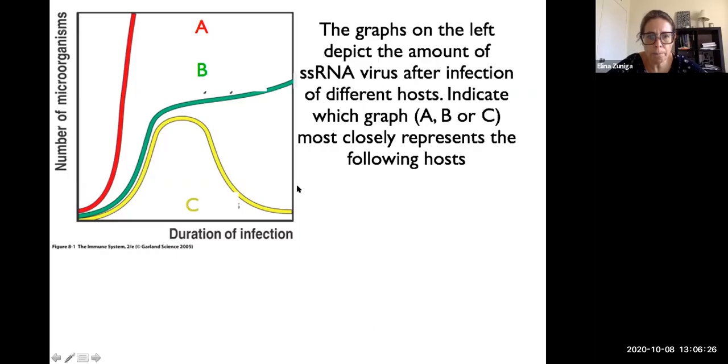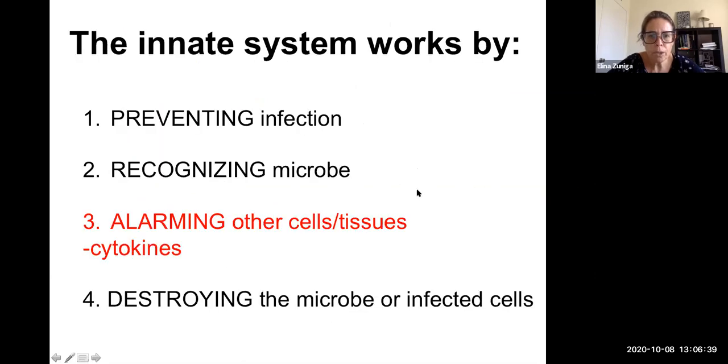Let's see. But before I do that, I want to summarize a little bit here and just give you a perspective on where we are. So basically, we are talking about how the innate immune system can prevent the entry of a pathogen and can recognize it, and we have been looking at how it can recognize the presence of the microbe.